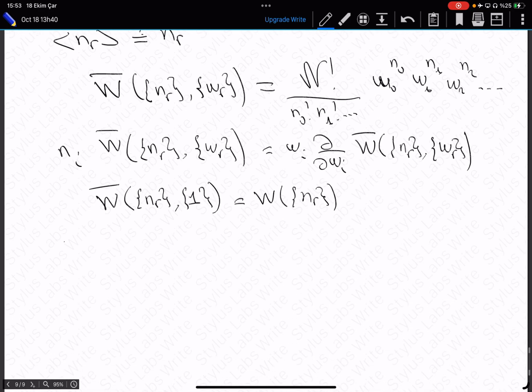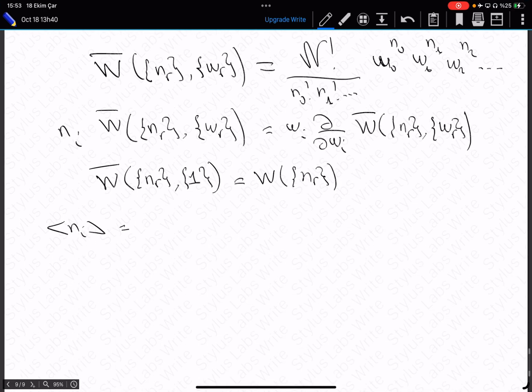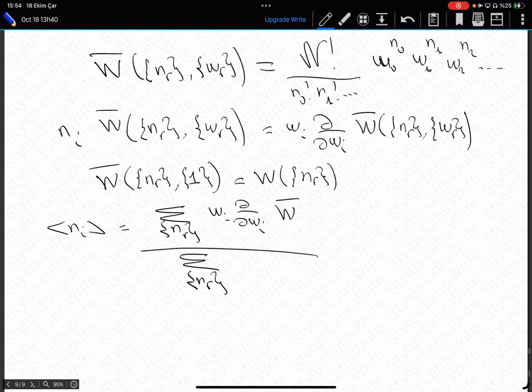So now Ni will be basically the sum over Nr of omega i del over del omega i omega bar divided by the sum over Nr of omega bar. These are all primed, so this will be omega i times del over del omega i, of course, when all omega i is equal to 1, of the logarithm of omega bar.